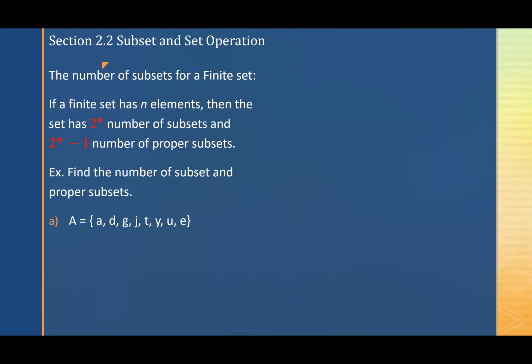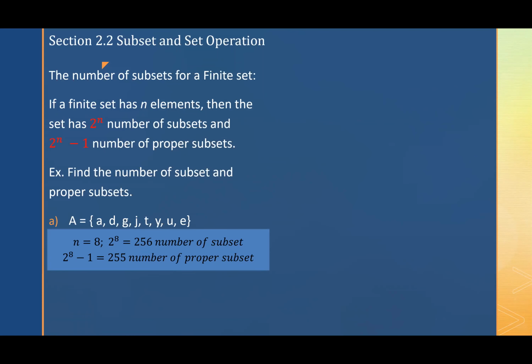8 individual distinct elements. To find the number of subsets, all you need to do is take 2 raised to the 8th power, meaning 2 times 2 times 2 times 2 times 2 times 2 times 2 times 2, 8 times, which will give me 256. And that is the number of subsets.